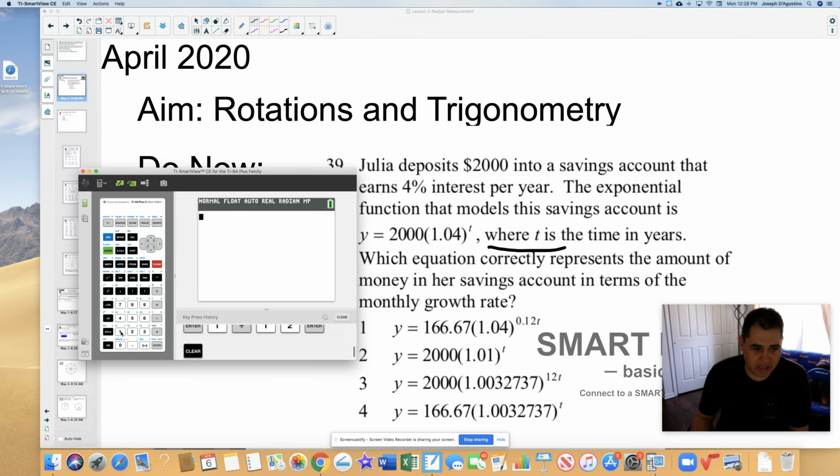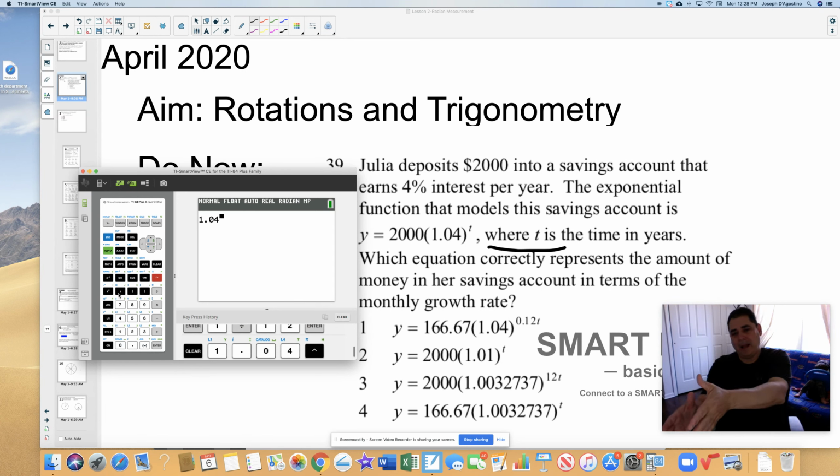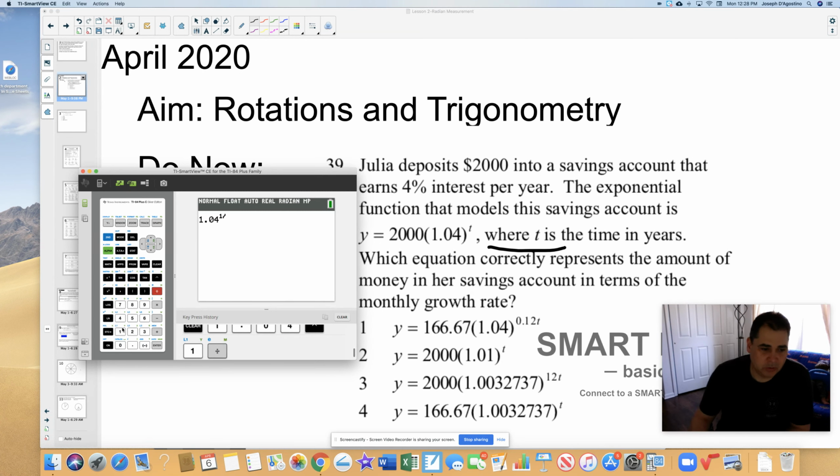So what you do is you take your 1.04 and you raise it to, now we're going to go back monthly, so that's 12 months in a year, so you're going to raise that to 1 over 12. So now what this gives you is what you're making every month.